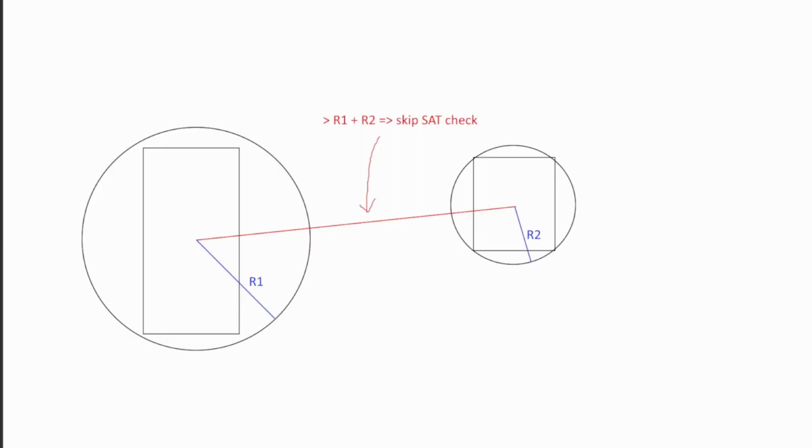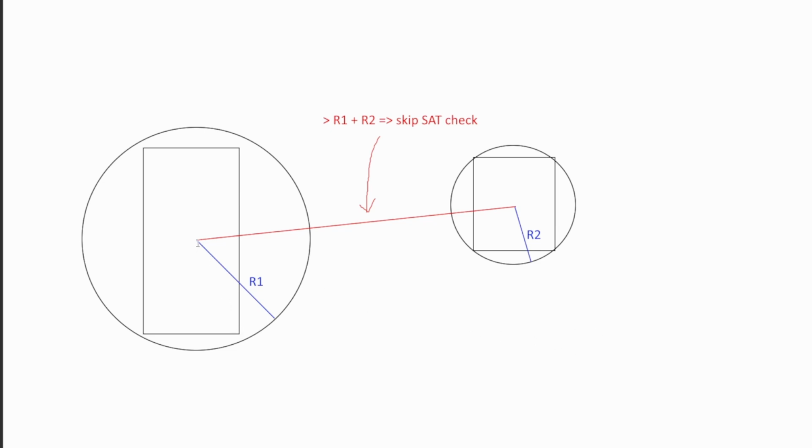So another one of my methods of optimization is what I would call the close proximity check. So each object will be surrounded by an imaginary sphere whose radius is defined by the maximum distance from the center of the object to the farthest vertices.